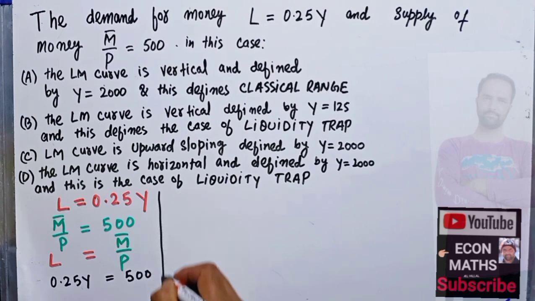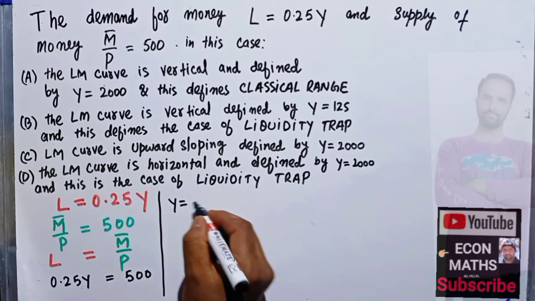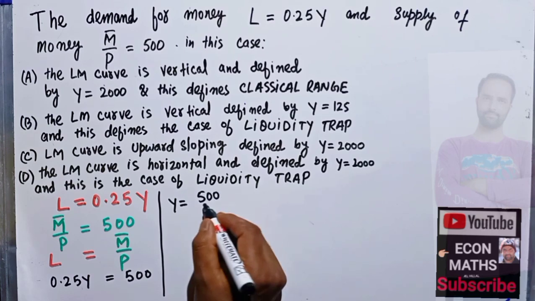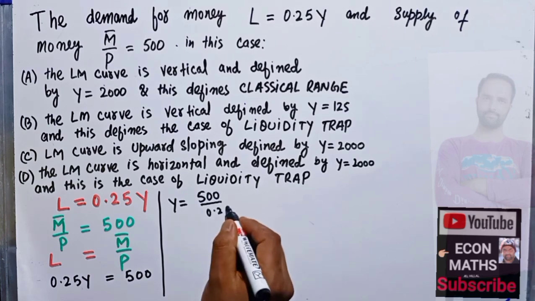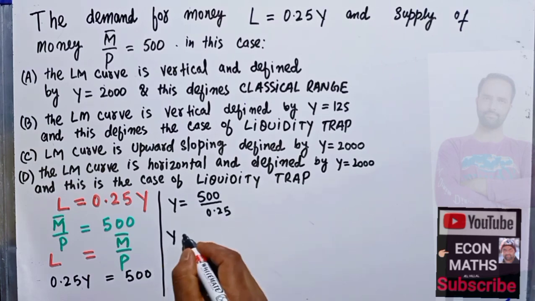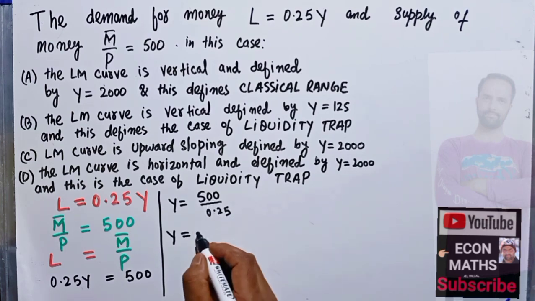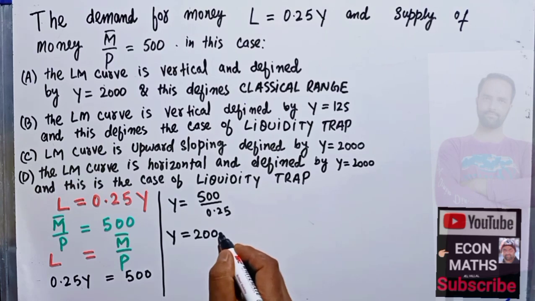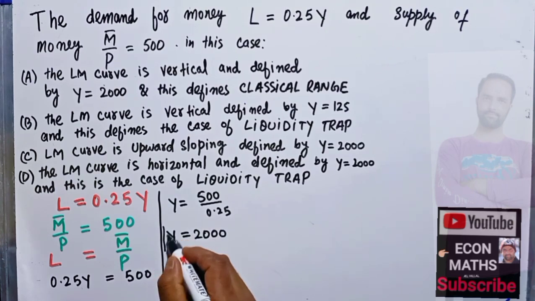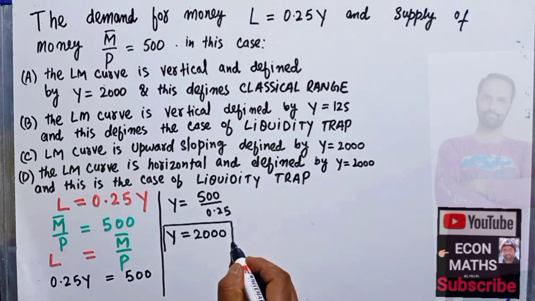Which gives us y equal to 500 divided by 0.25, which comes out to be 2000. So this will be our LM equation in this case.